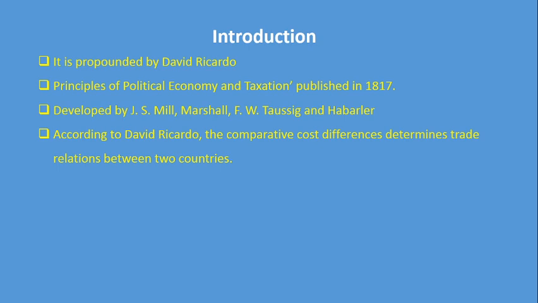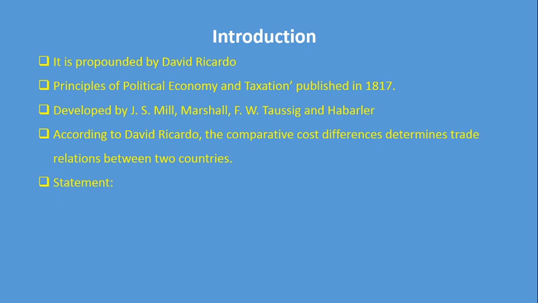Production costs differ in countries because of geographical division of labor and specialization in production. Due to differences in climate, natural resources, geographical situation, and efficiency of labor, a country can produce one commodity at a lower cost than another.